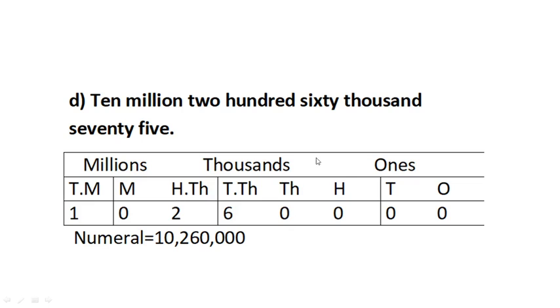Then after that you go to the ones period. In the ones period no value is given, so you write 0, okay, 75 is given there, so you write 75 here.